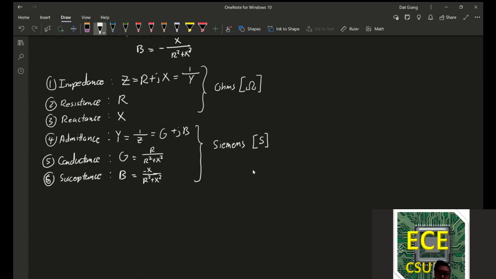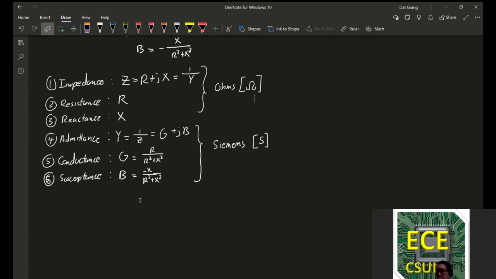It's very fundamental to talk about these 6 quantities, and you'll see a lot of them in EE3030 when we are talking about two-port network modeling.